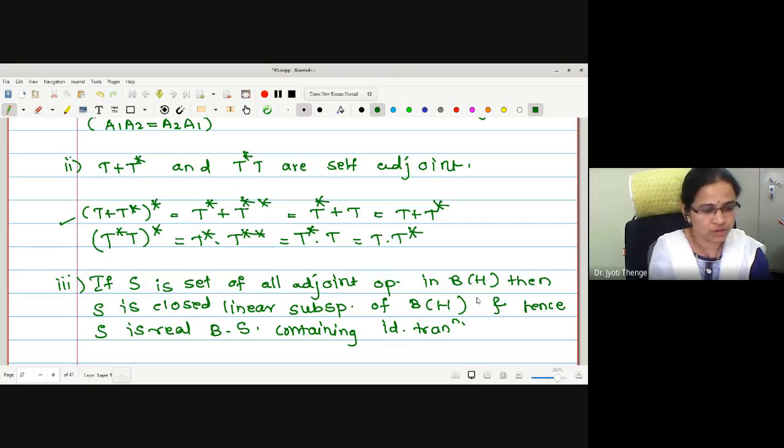These are the important properties we want to understand regarding the self-adjoint operator.